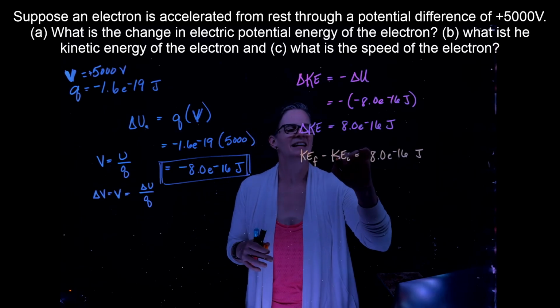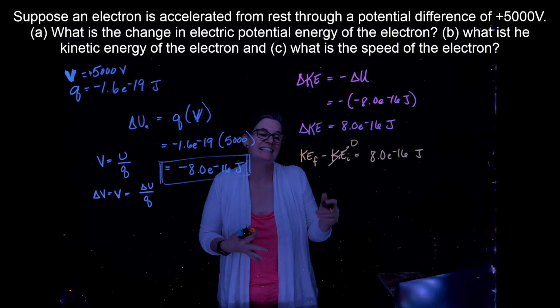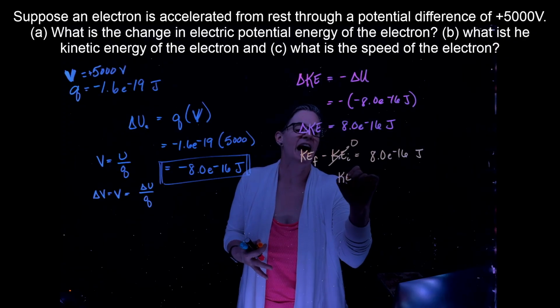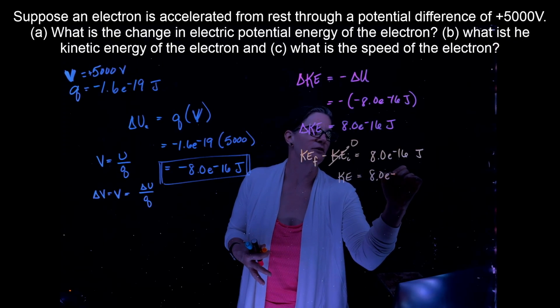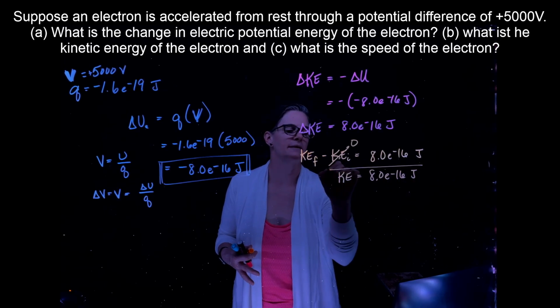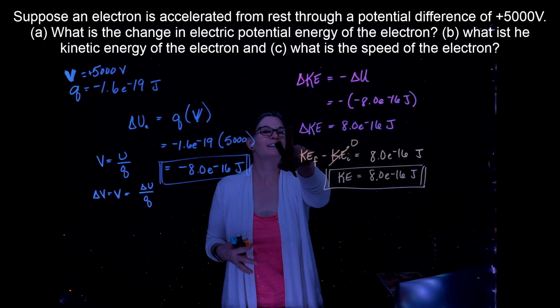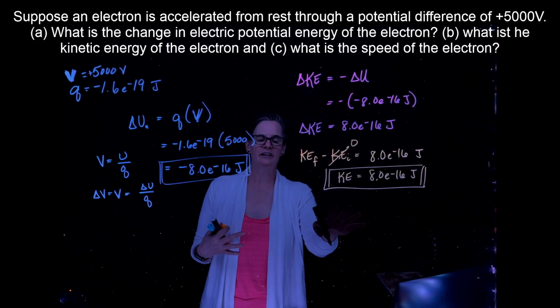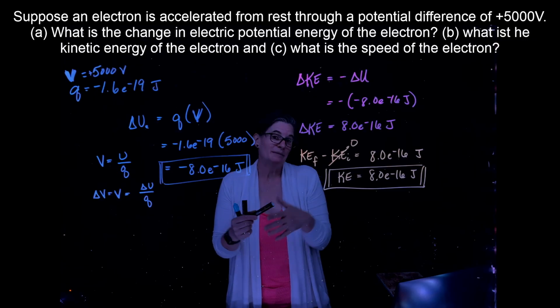And it does, so our initial kinetic energy is 0. So in this case, the final kinetic energy after this acceleration is in fact 8.0 times 10 to the negative 16 joules. What we determined for the change in kinetic energy is in fact the kinetic energy that answers our question, but I want you to remember that it may not always be the case.